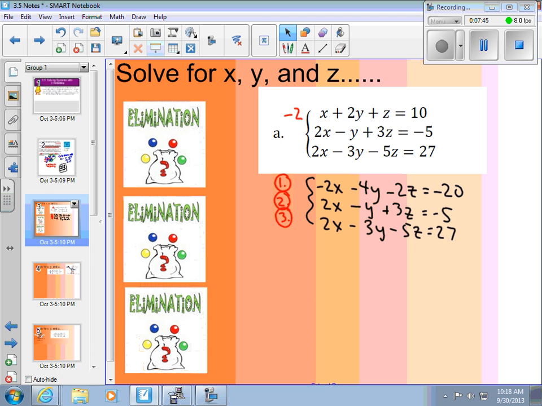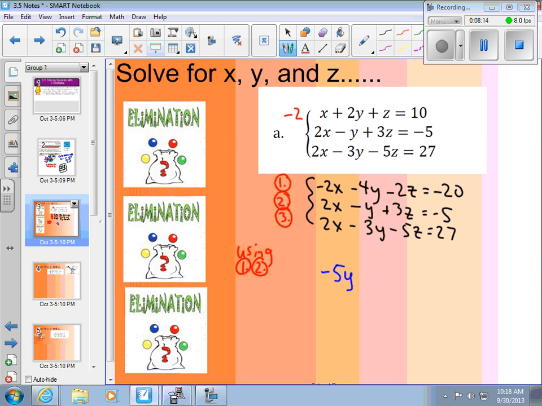So the first thing we're going to do, this is going to be using equation 1 and equation 2. We're going to eliminate those. So we're going to add those 2 equations together. So if we add them up, -2x plus 2x, that would be 0, it eliminates. -4y and -1y would be -5y.